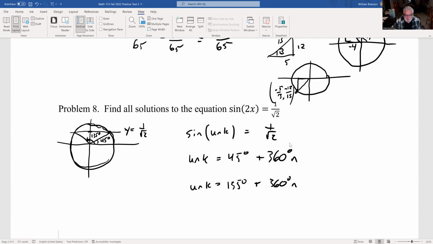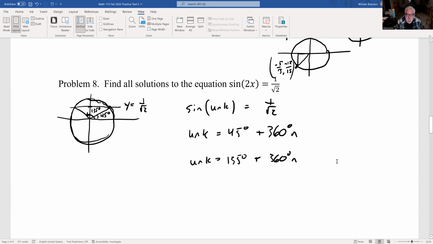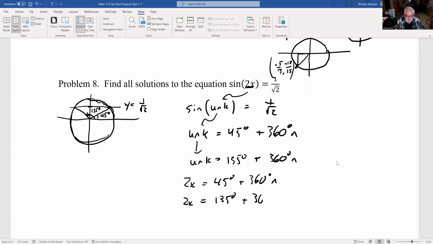In this problem, what is my unknown? My unknown is the 2x. So we'll replace the unknown with 2x, and I get 2x equals 45 degrees plus 360 degrees times n, where n can be any integer. And the second grouping is 2x equals 135 degrees plus 360 degrees times n. Oops, that's a degree sign.